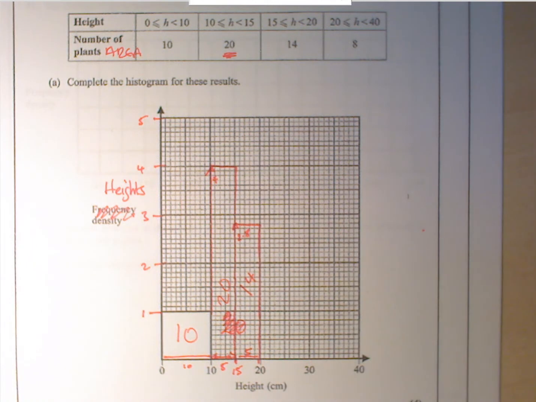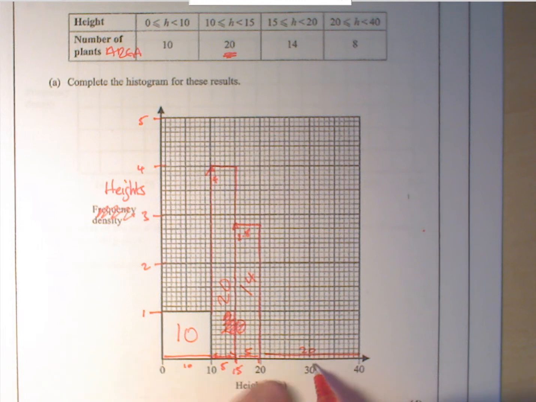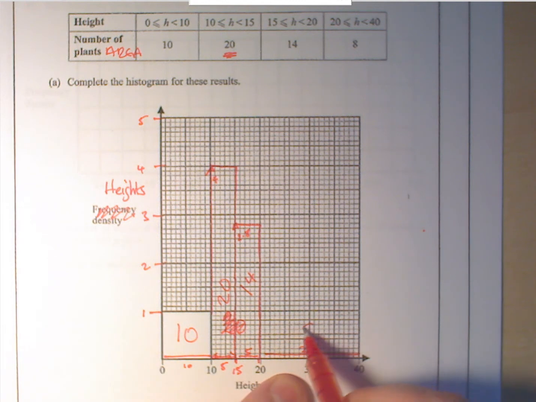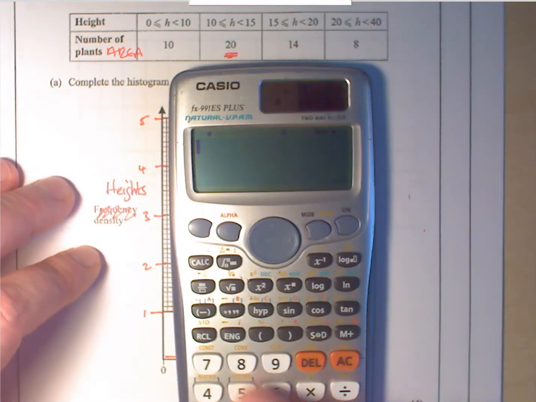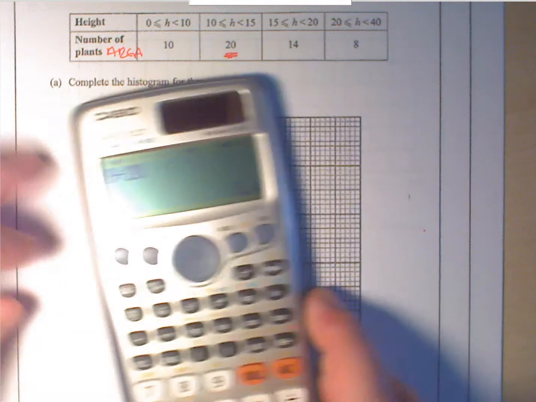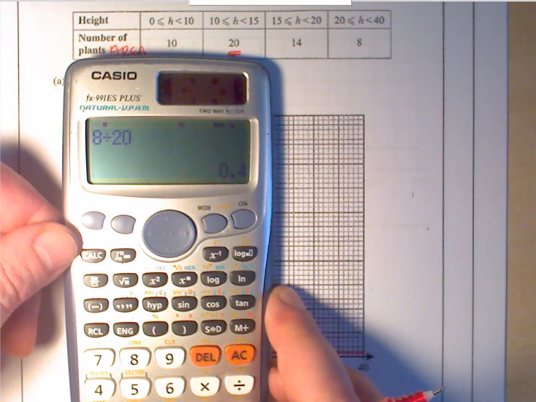And then we have the large range, and this one you can see has got a width of 20. And 20 times something is supposed to give me 8. Well, with that one I probably am going to use a calculator. So 8 divided by 20, I don't know if you can see what I did there, 8 divided by 20 is 0.4.